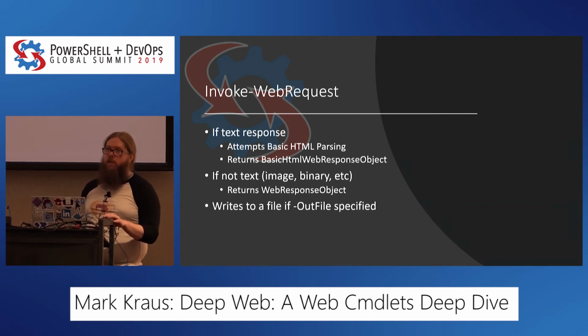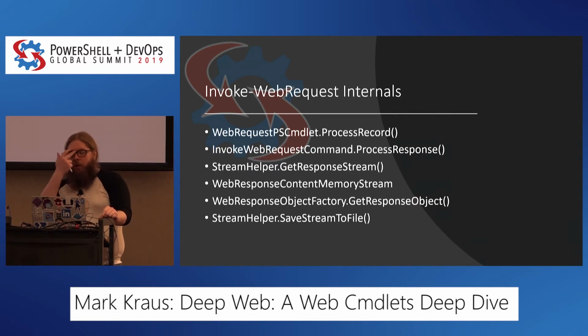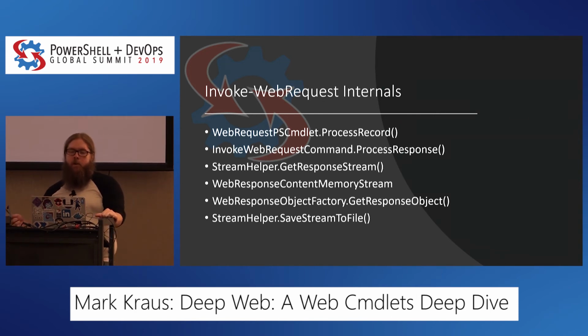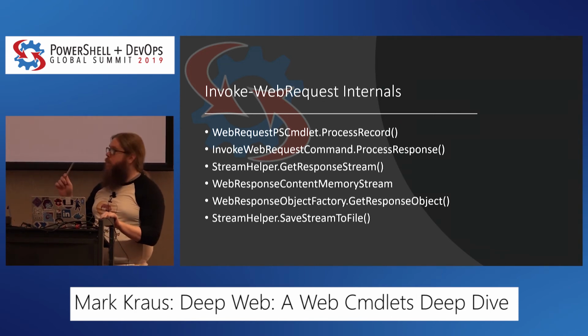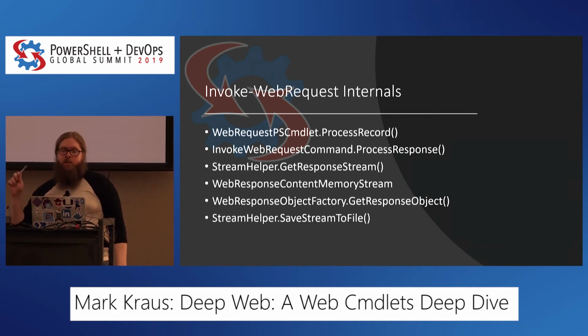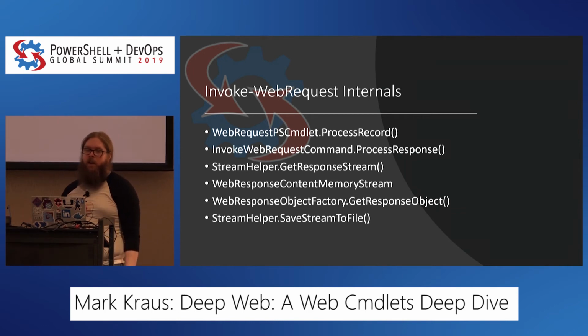The bulk of the work is actually in the base cmdlet. So the internals of what this looks like is that ProcessRecord from the WebRequestPSCmdlet gets called. Once that's done, it passes off to ProcessResponse on the Invoke-WebRequest command class. And then it goes out and calls StreamHelper.